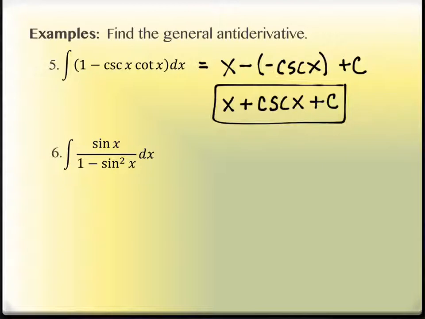Do you see something? Did anybody else notice that? The denominator is simply another way of writing cosine squared of x. It's actually squared too, isn't it?